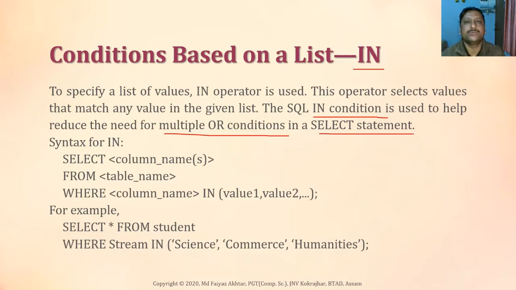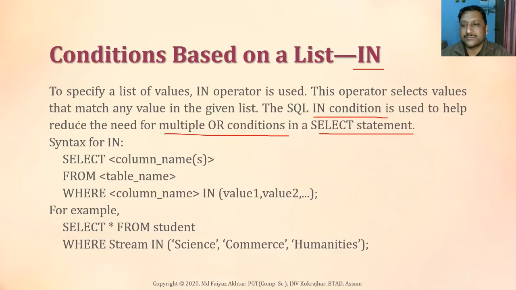Suppose we want to give multiple conditions, okay, based on particular one column. Then we have to use OR operator, okay, or like this. In place of those things, we can use the in operator. In operator is very much helpful where multiple condition is to be given.